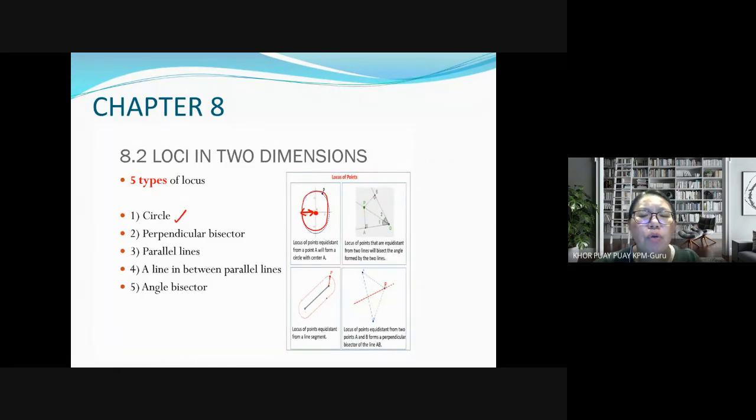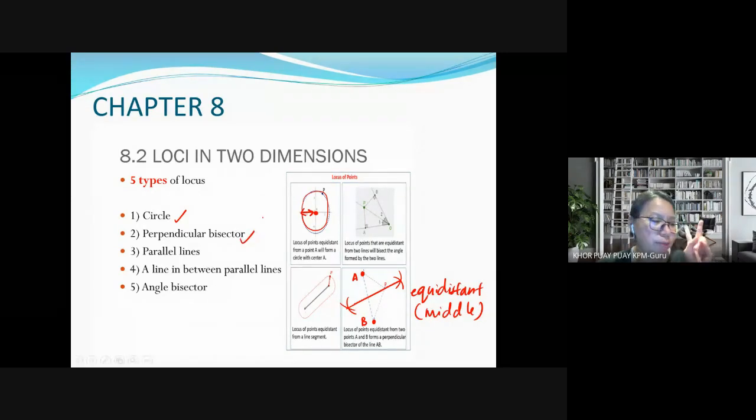If they give you a point, titik 1, another point, titik 2, 2 points, and they tell you must move equal distance, equal distance means you move in the middle, bergerak di tengah. So you will draw a perpendicular bisector.